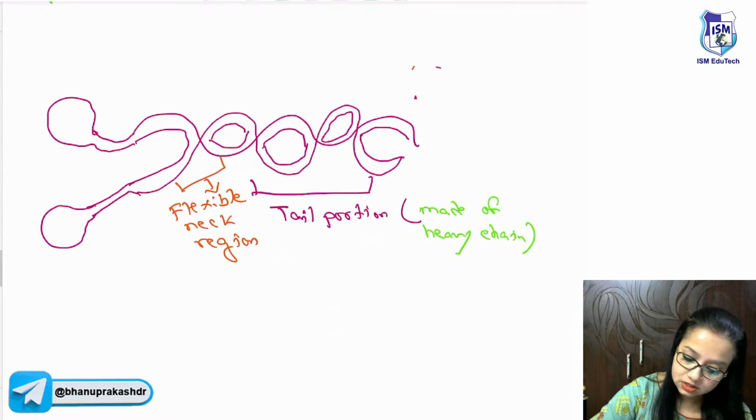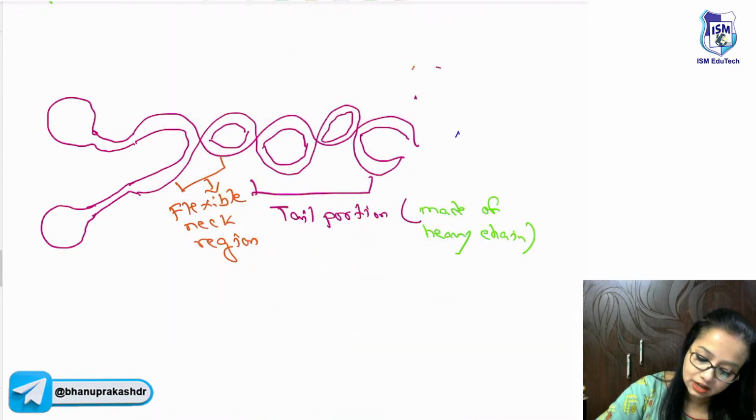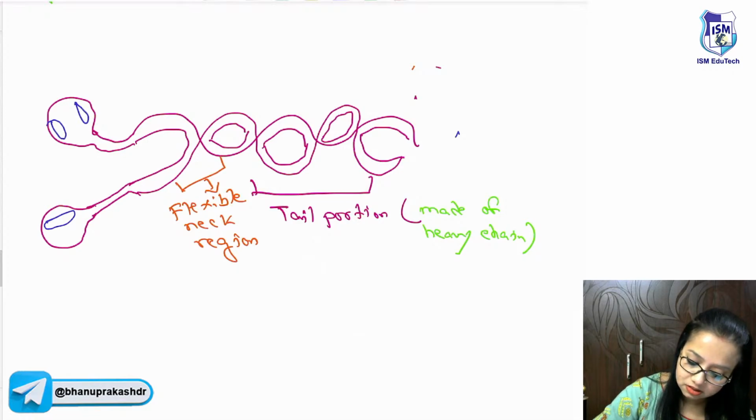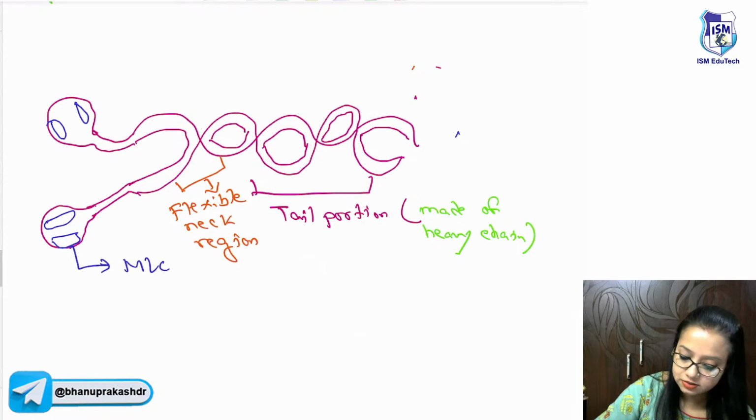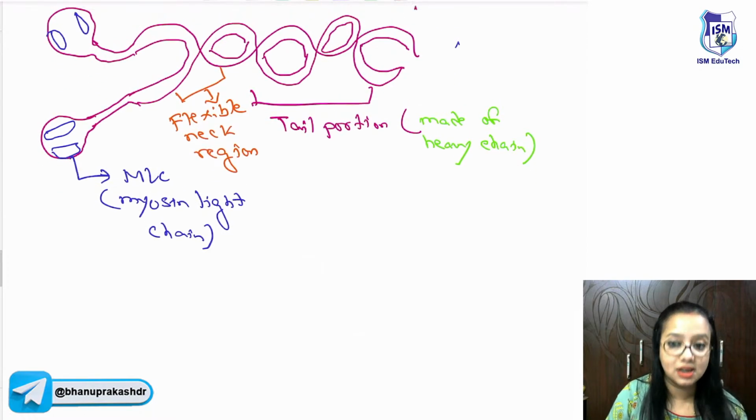Now, these globular heads have light chains. These are the MLC, myosin light chain, which is activated during the process of contraction.